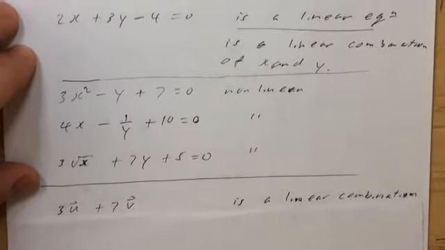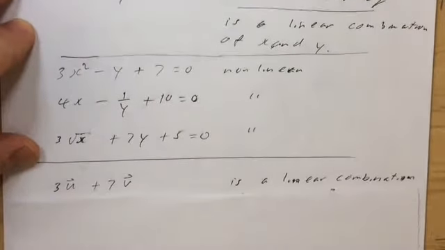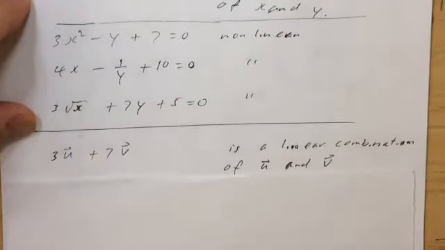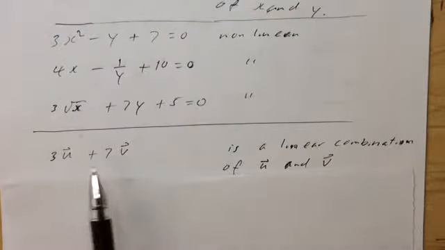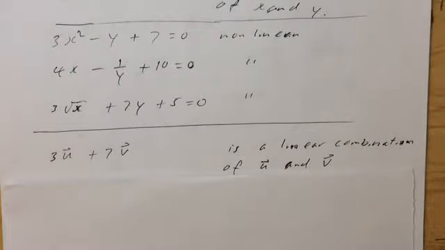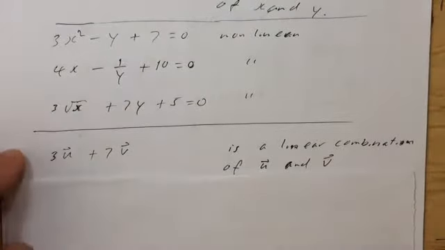Okay. In terms of vectors, if you've got vectors u and v, then 3u plus 7v is a linear combination of the vectors u and v. You add those two vectors together and you get a resultant vector, okay, another vector.